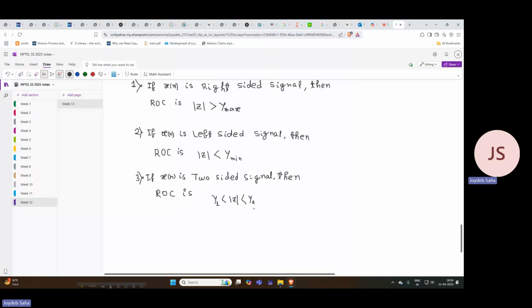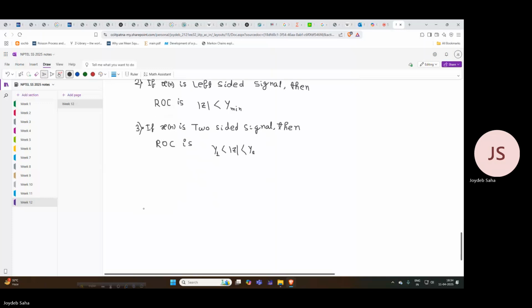If a signal xn is finite duration signal, then ROC is the entire spectrum, or entire Z, we can say.